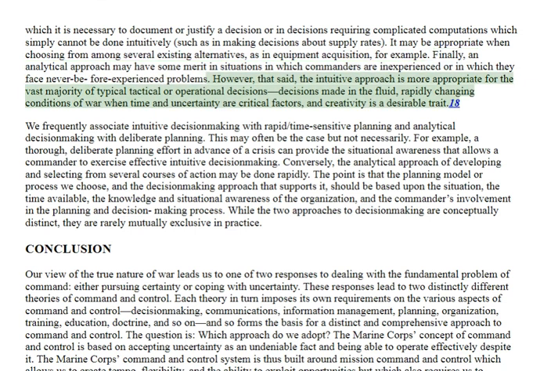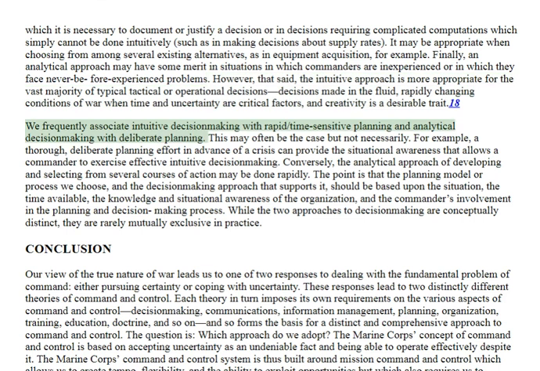However, that said, the intuitive approach is more appropriate for the vast majority of typical tactical or operational decisions made in the fluid, rapidly changing conditions of war when time and uncertainty are critical factors, and creativity is a desirable trait.